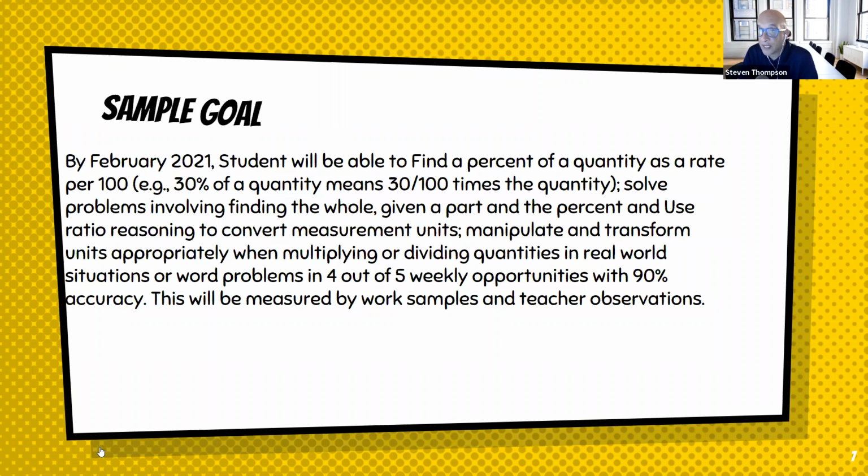Now, the great thing here, the phrase that puts us into the project environment is real world situations. And the operation that we're looking at is ratio and percent. So real world situations, ratio and percent, engaging products for our students. Let's take a look. These are 4 areas where ratio and percent show up in the real world.